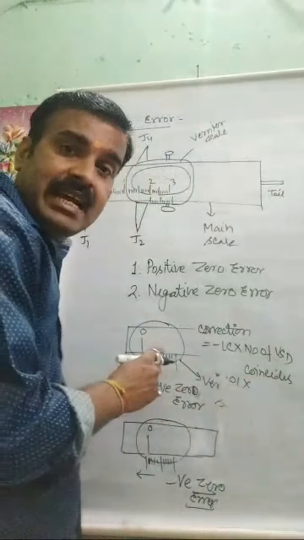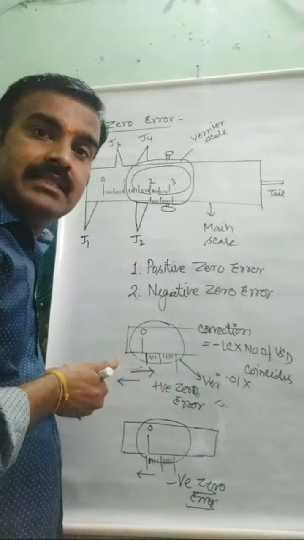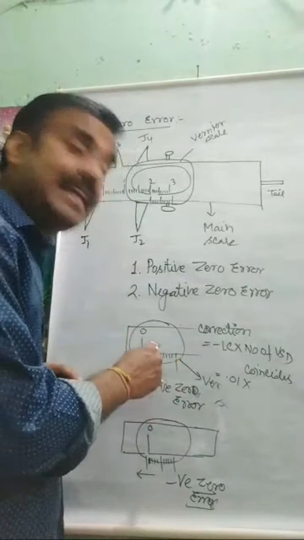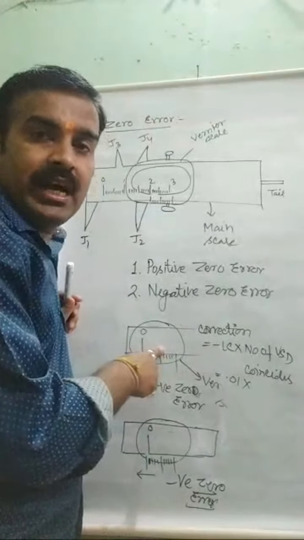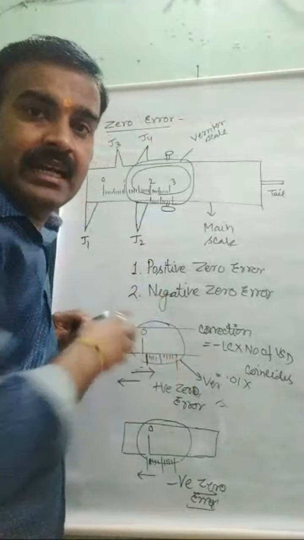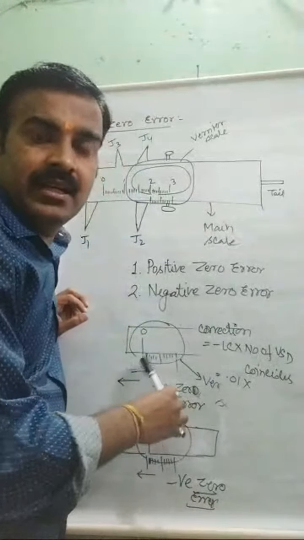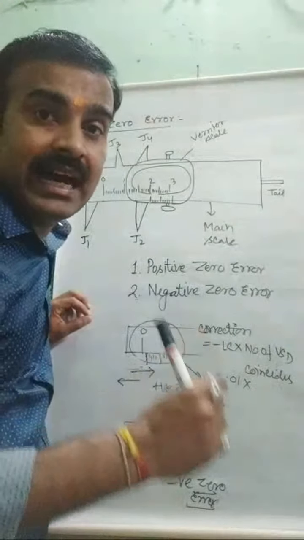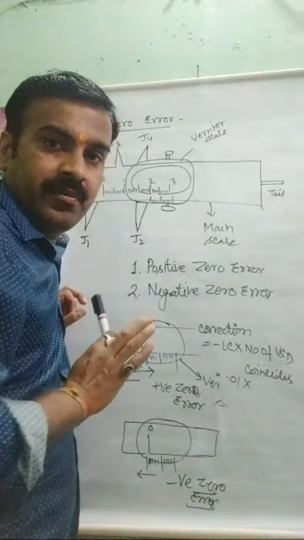Out of 10 divisions, I am telling this again, you have to check which division of the Vernier is exactly coinciding with any division of the main scale.